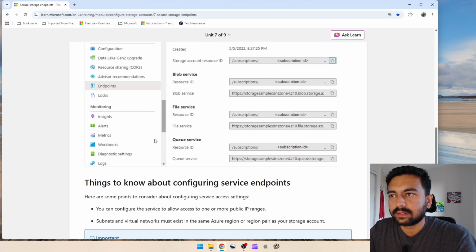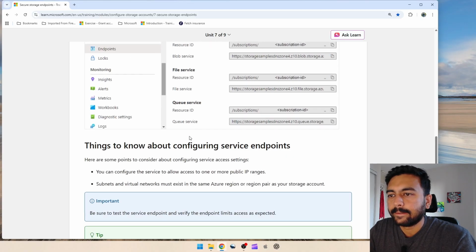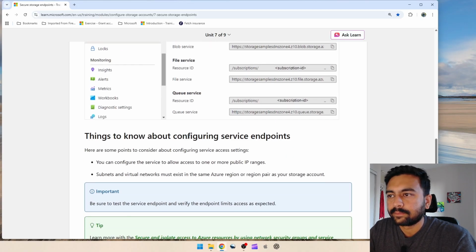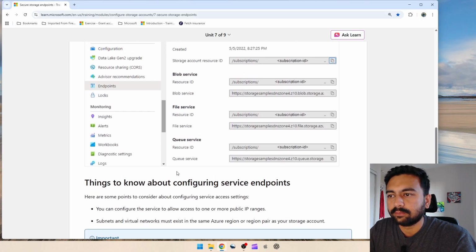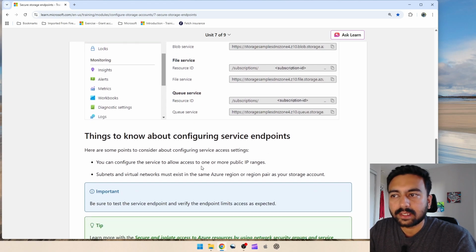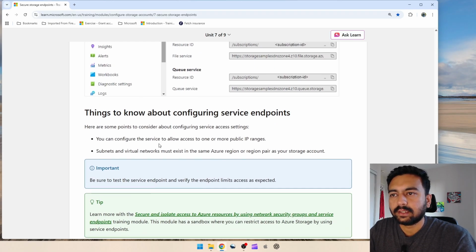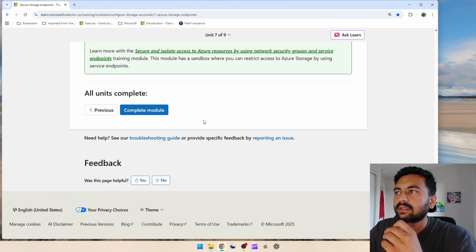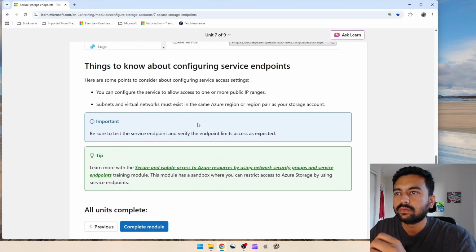Okay, these are service endpoints, it looks like. You can configure it to allow access for one or more public IP ranges, and the subnets and virtual networks must be in the same region as your storage account.